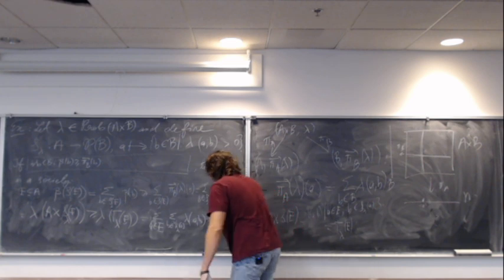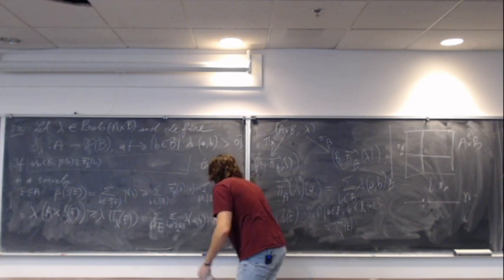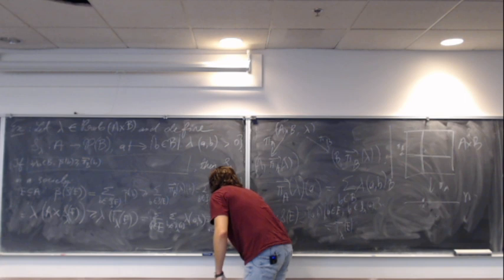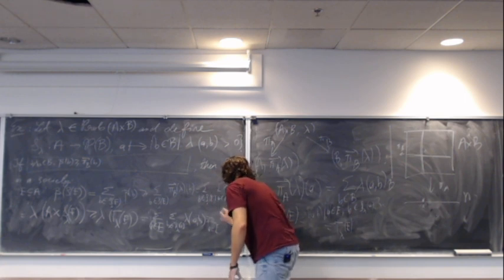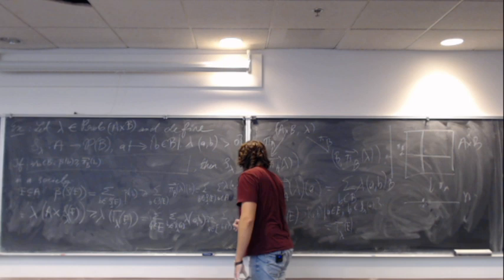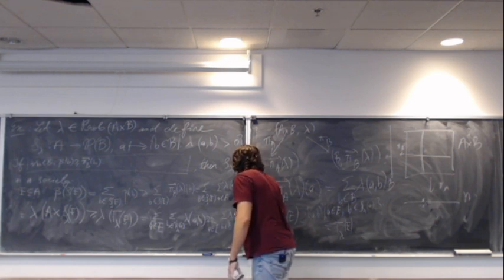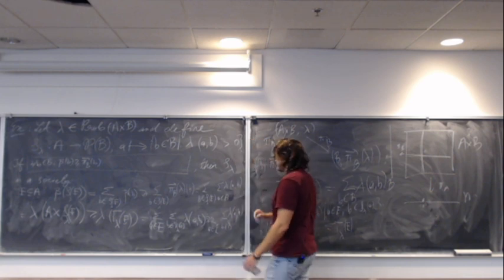Okay, so now at this point, I want to use the other one and write it like so. B in B alpha, lambda AB, and then this is the second marginal.